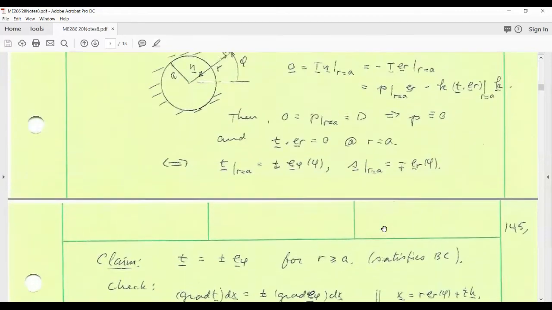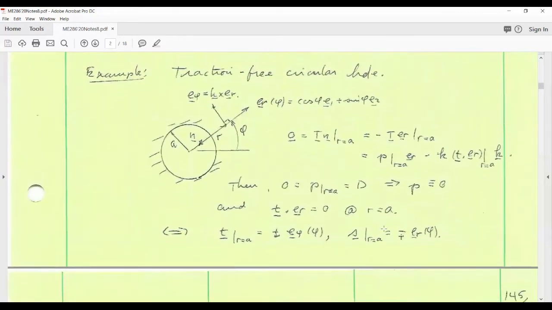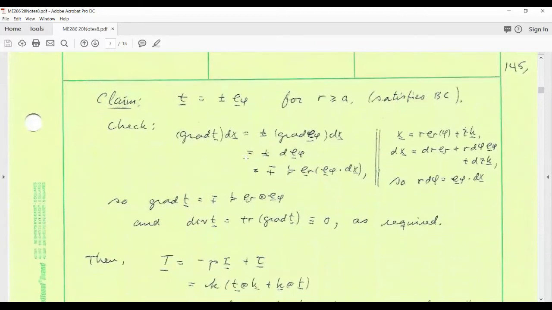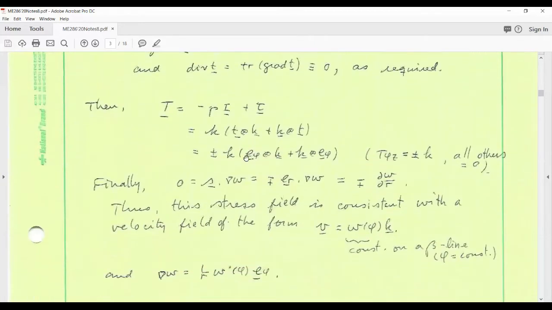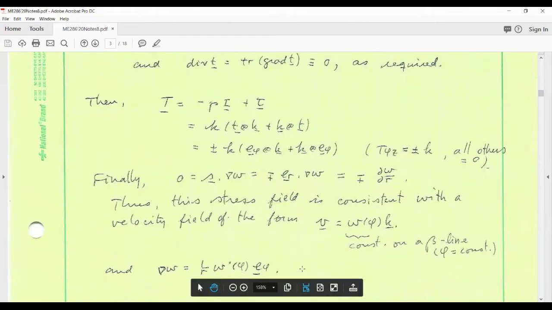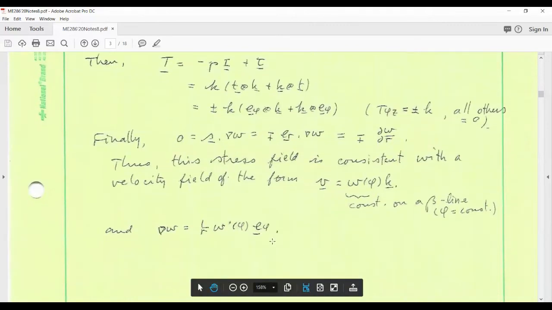That's consistent with the conclusion that w only depends on alpha, which can be identified with phi. So if we go back here, w is only a function of phi, and its gradient then looks like this, and you can construct the D tensor from this. This is as far as we can go without further conditions being imposed.